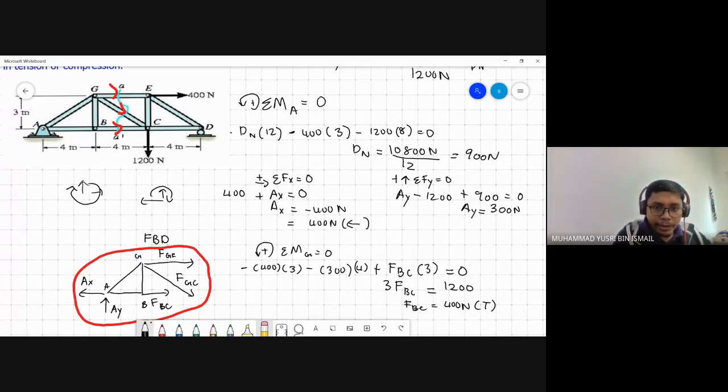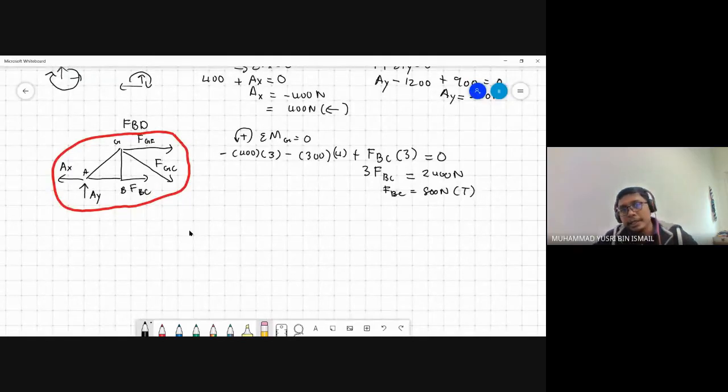Oh, okay. Sorry, it's supposedly 1200 plus 1200, so 2400. So 2400 divided by 3 equal to 800 Newton.